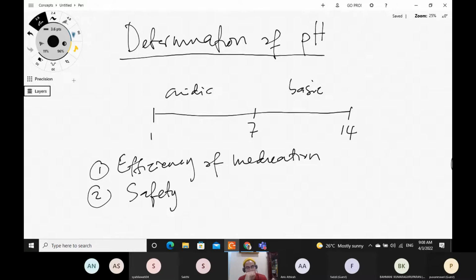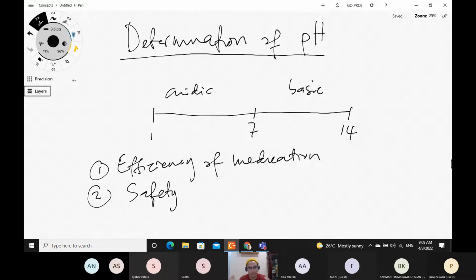Okay, because for example, selalunya macam ubat to treat gastric, omeprazole. So omeprazole, it can be effective at the most acidic pH dan juga most basic pH. Okay, because bila kita sakit perut, the gastric juice dalam kita punya perut, the shift lah towards either very basic ataupun very acidic.